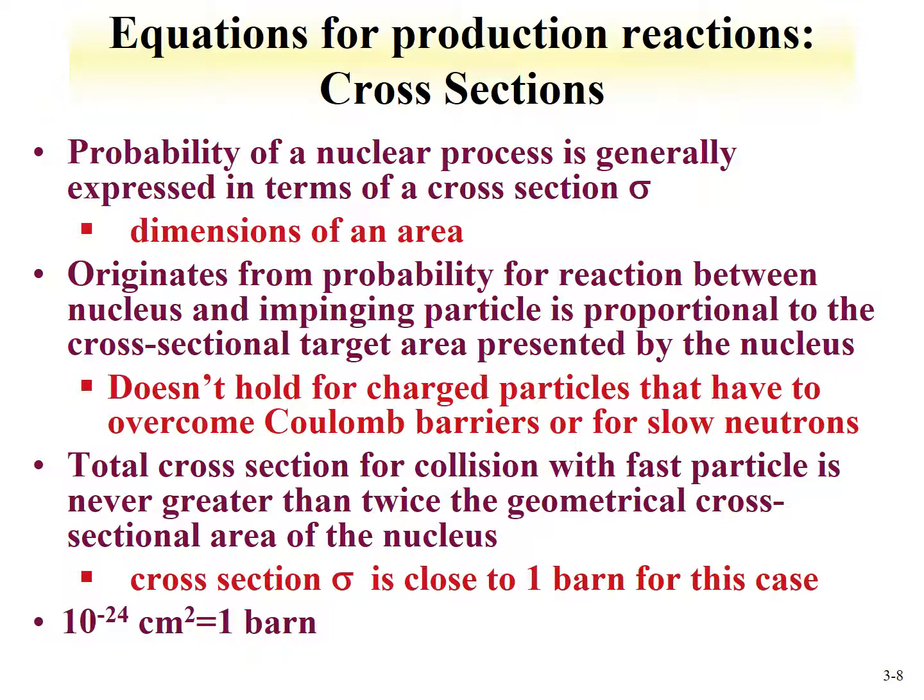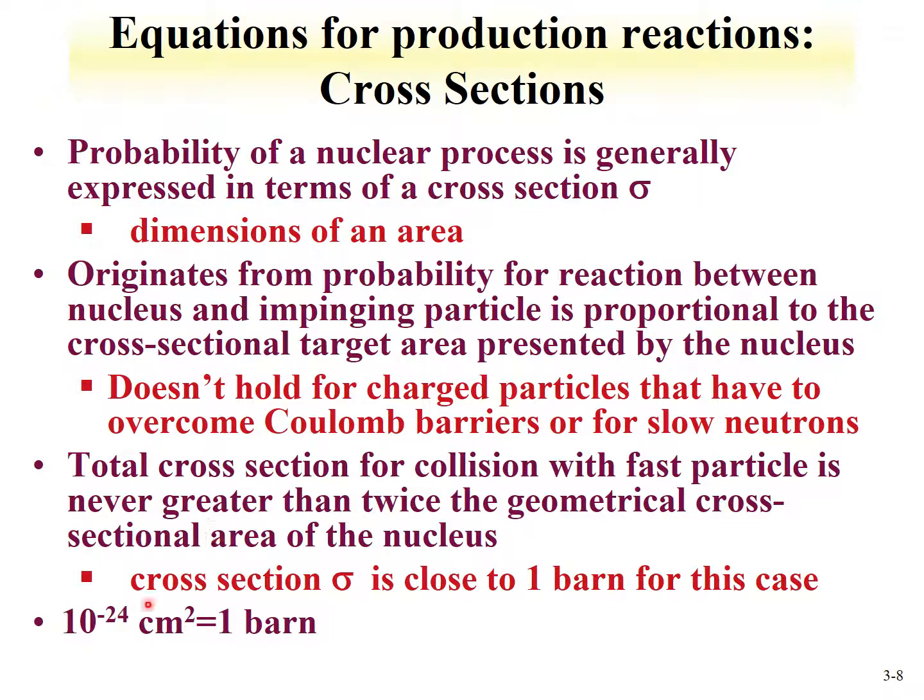As we're going to discuss after these equations, we can have cross-sections that are much larger than this one barn. We can have cross-sections that look like 1,000 times the size of the nucleus. So this fundamental idea doesn't hold true for charged particles that have to overcome the Coulomb barrier, or for slow neutrons, in which wavelength overlap is going to have an influence on those cross-sections.